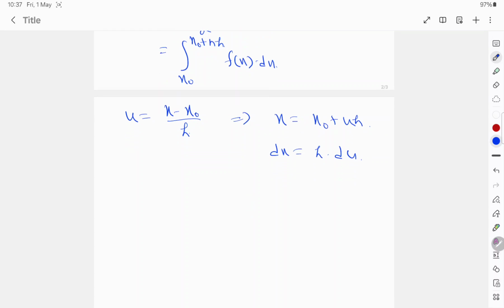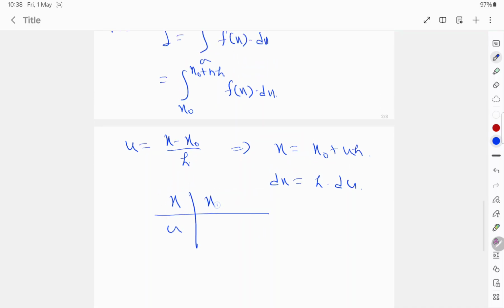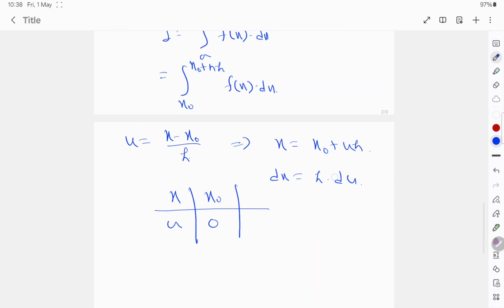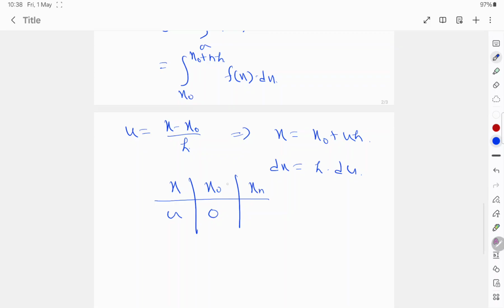Obviously, if you make that table of x and u, if x equal to x0, then u value is 0, and if this value is xn or b, then your u value will be n, right?